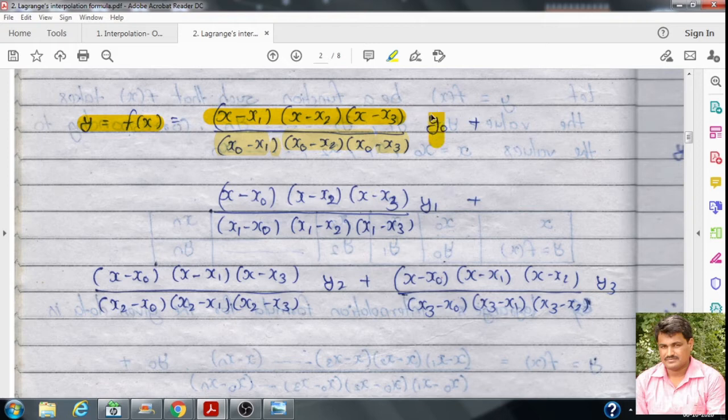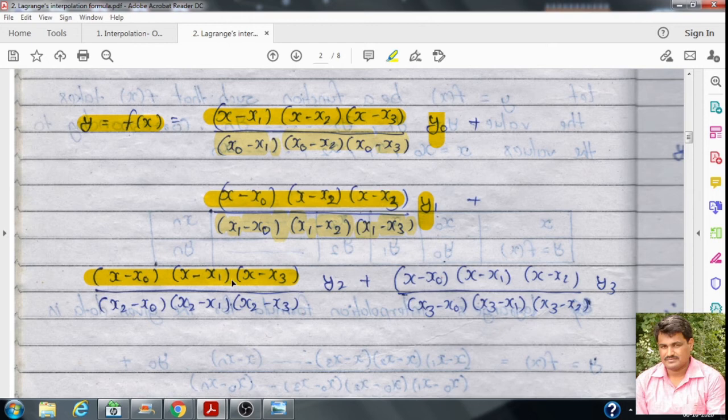Same, we are taking only changing x by x0 in every term, into y0, plus second term we skip x minus x1 and then we write x minus x0 into x minus x2 into x minus x3. Same in the denominator, only change x by x1, into y1, plus third term is x minus x0 into x minus x1 into x minus x3.